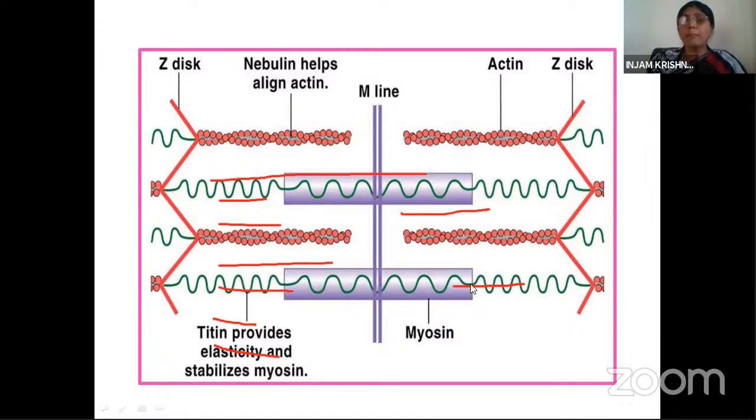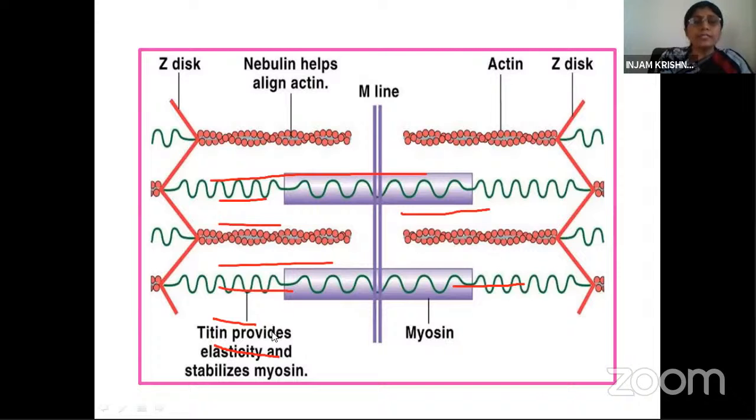Is it connected with the Z line or not? Generally, when we are talking, we never talk about the myosins being connected with Z lines. But see here, there is a connection. That connection links this side Z line to the other Z line through the myosin protein.